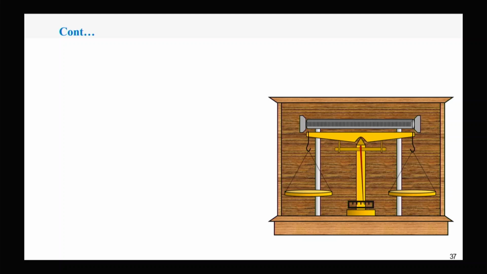So here we simply place the yarn specimen, with the standard weight placed for a particular count system, and directly from this scale we get the yarn count for different ranges.